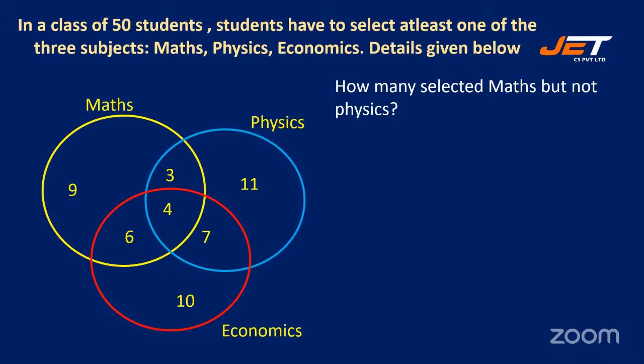So 4 represents who has selected all 3. So 6 represents who has selected maths and economics. 3 represents who has selected maths and physics. Now your question says they want maths but not physics.